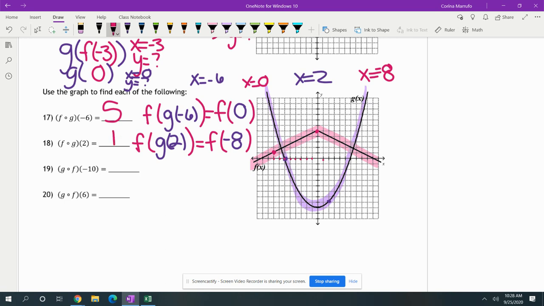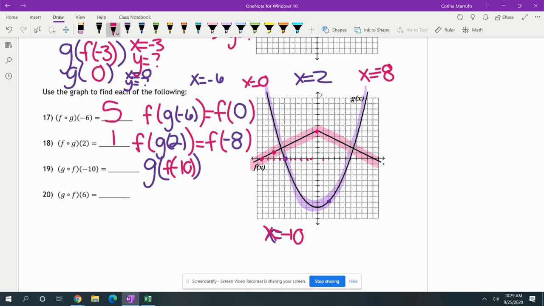Okay. Now we're starting with the g function. So they want us to find g of f of negative 10. Okay, so we are looking for when x equals negative 10. When x equals negative 10, what is my f function? So negative 10 would be 1, 2, 3, 4, 5, 6, 7, 8, 9, 10.